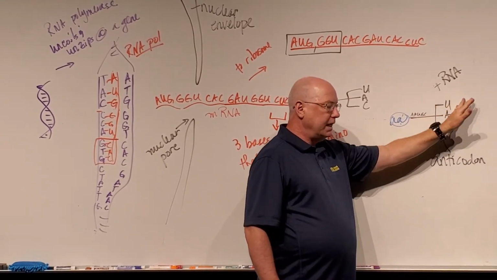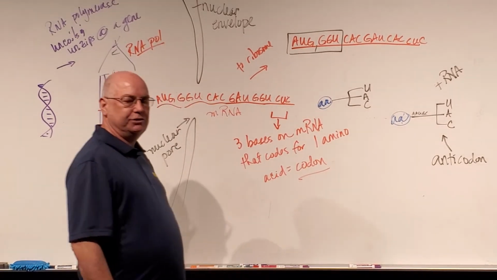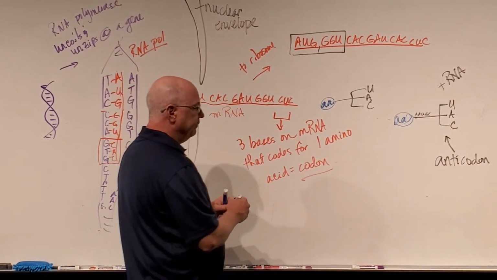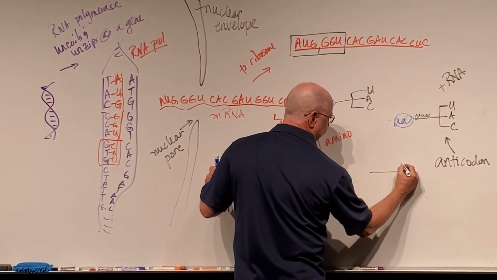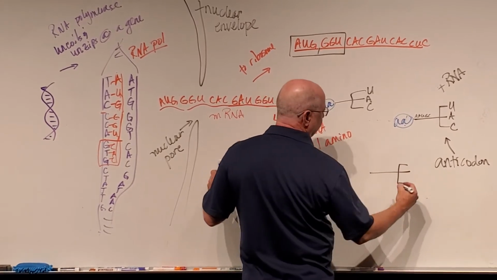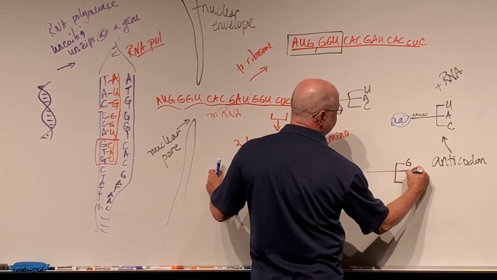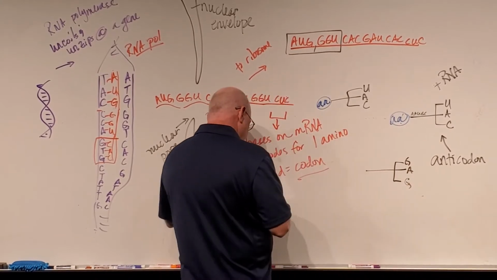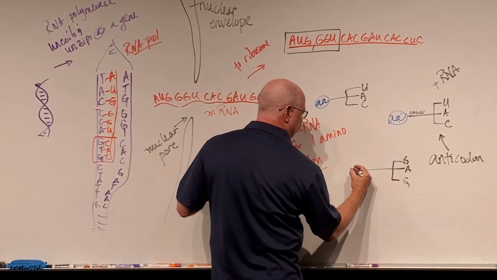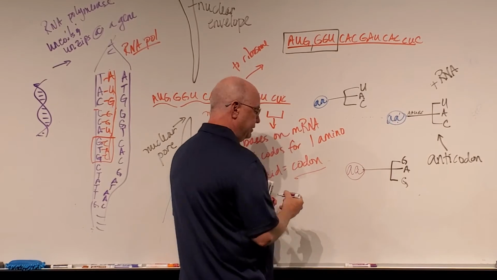At one end, the anticodon is always going to have that same series of bases. Now, if I have another tRNA molecule here, and the anticodon here is going to be GAG, then that might mean a specific amino acid.